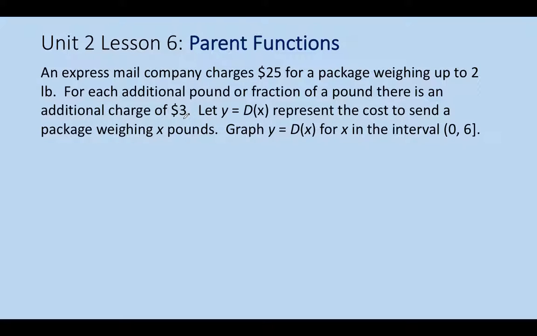So even if I just have 2.01 pounds, okay, it's just slightly over 2 pounds, well, I'm going to be charged $3. I don't get a proportional amount of that. It's the same thing. If it's 2.01 or 2.99, it's going to be the same $3 increase, okay?